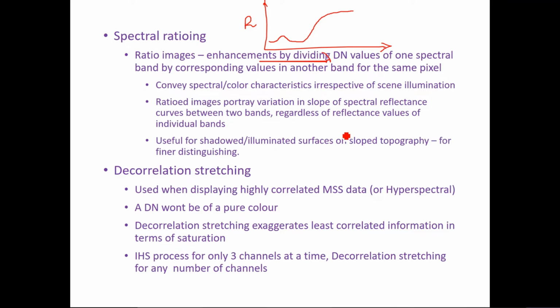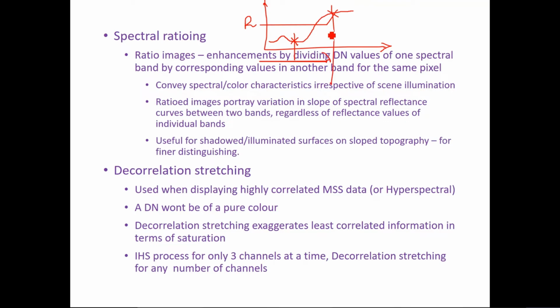So in this ratioed image, your SRPs also can be different. You are taking a ratio between the reflectance at a particular wavelength, dividing it by the reflectance at a different wavelength. Maybe this value by this value, this value by this value. So your SRP is definitely going to be different.